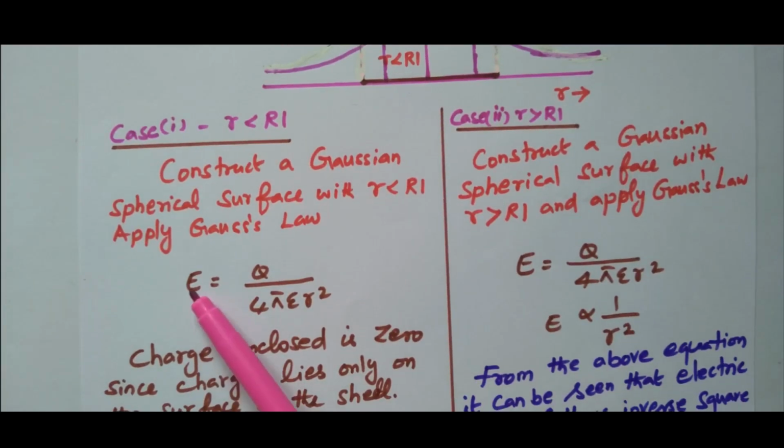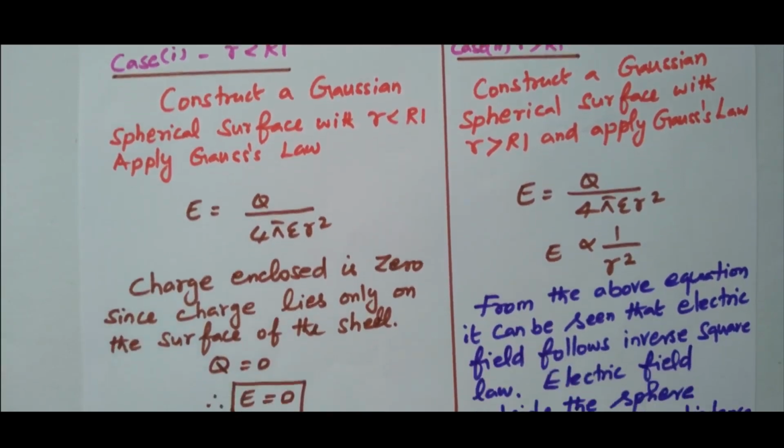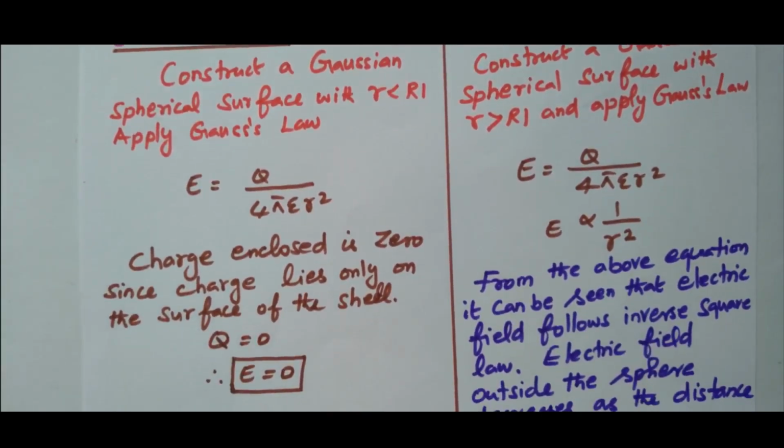So we know that E equal to Q divided by 4 pi epsilon r square. But inside the spherical shell, the charges are not available. Only on the surface the charges are available. So inside the spherical shell, the charge is 0, Q is 0, so E is also 0. In case 1, we considered r less than r1, that is, the Gaussian spherical surface available inside the sphere.